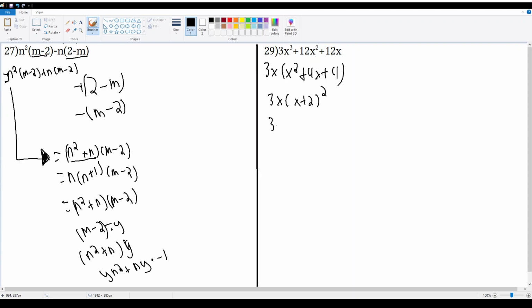So the answer is 3x (x plus 2) squared. Expanded, it's 3x cubed plus 12x squared plus 12x. There you go. And that's the answer to these questions.